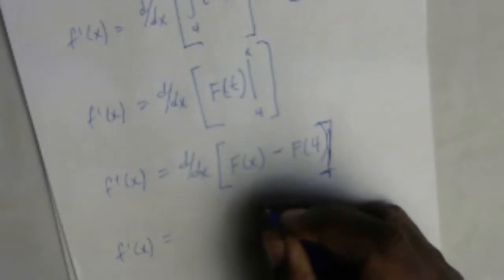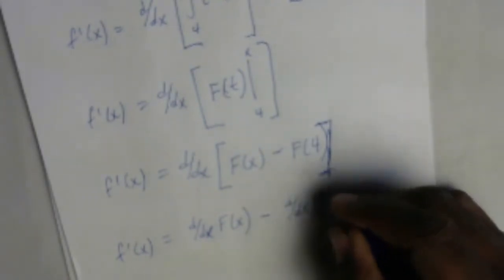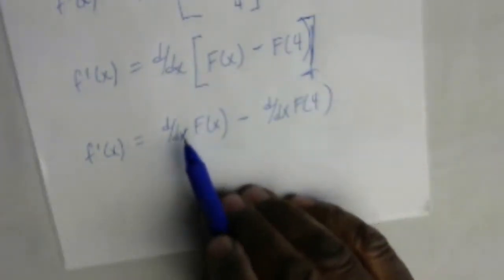Now I am going to distribute the derivative. So f prime of x is equal to the derivative with respect to x of capital F of x minus the derivative with respect to x of capital F of 4. And here's what happens.